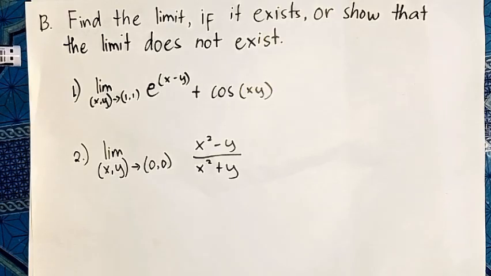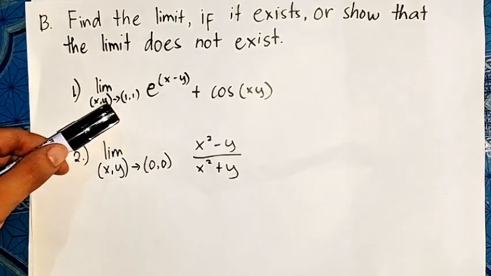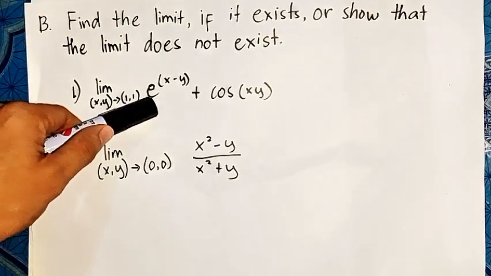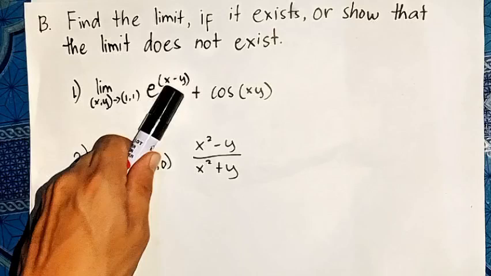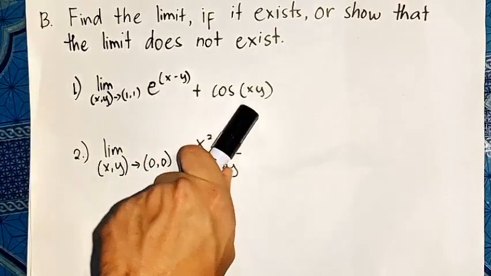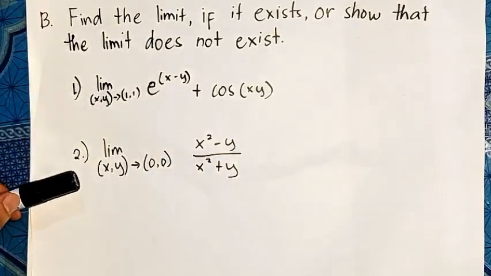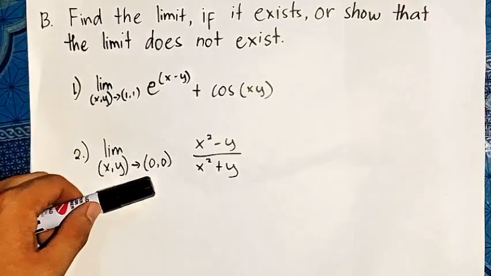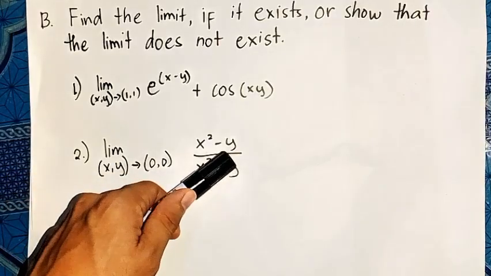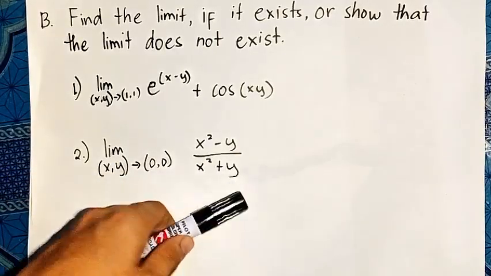First, find the limit if it exists or show the limit does not exist. Item number 1: limit as x and y approach 1 and 1 of e to the power of x minus y plus cosine xy. And item number 2 is limit as x and y approach 0 and 0 of x squared minus y over x squared plus y.